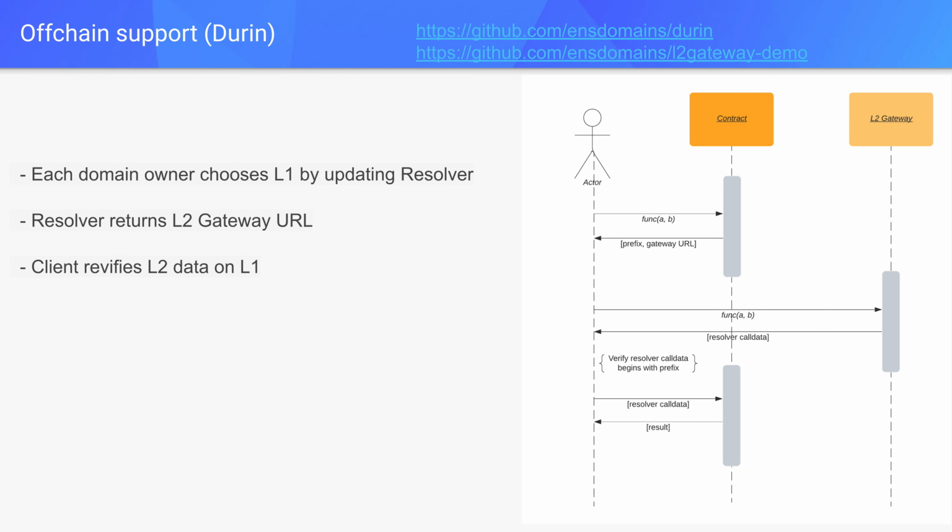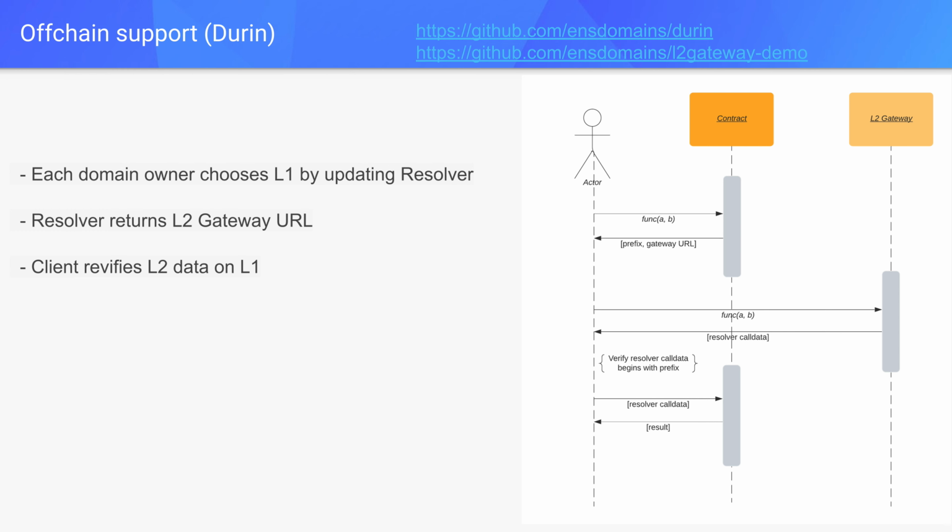If this layer 2 is a roll-up model, most roll-ups should have a way to verify L2 data in L1 so that the client can verify it. This is still very early stage and not quite ready yet, but we do have a demo of verifying Optimism, and we're a bit lacking in resources.